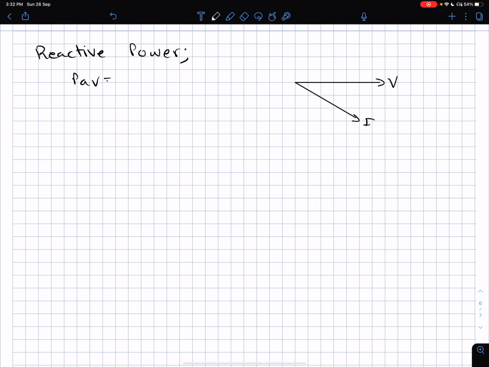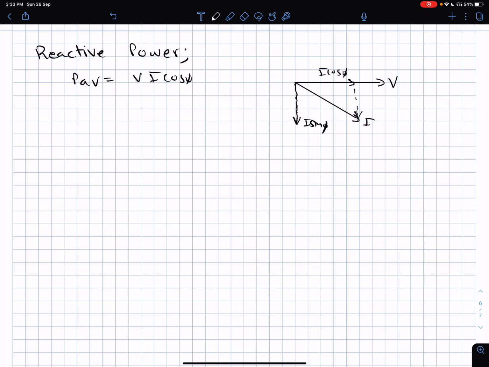Now P average I have defined as VI cos phi, where these are the phasor RMS values of V and I. So drop a perpendicular here, and this is the I cos phi component, and this component here I will draw as the I sin phi component.